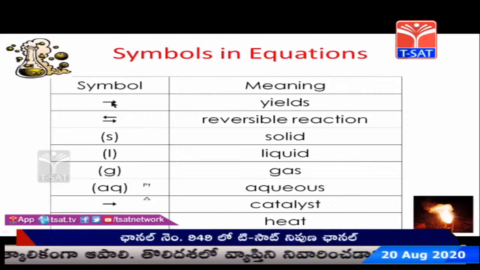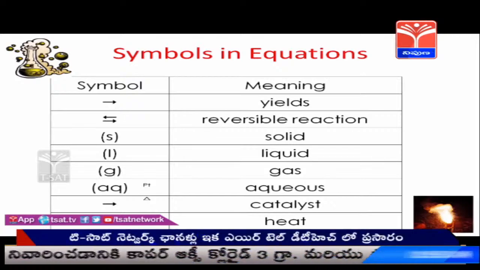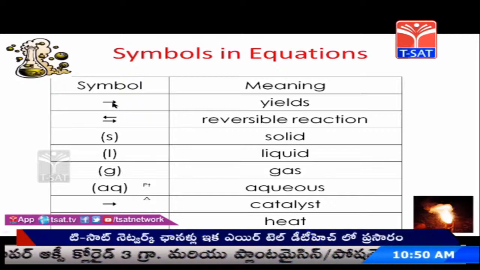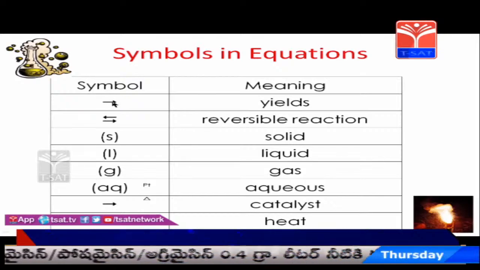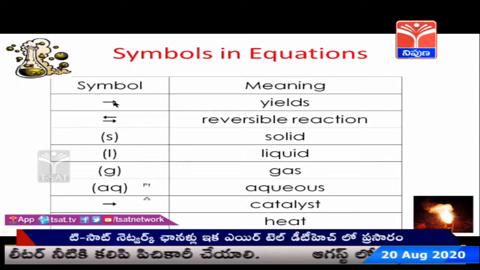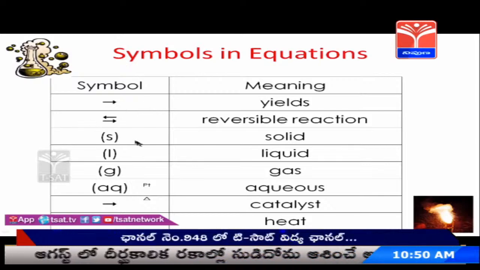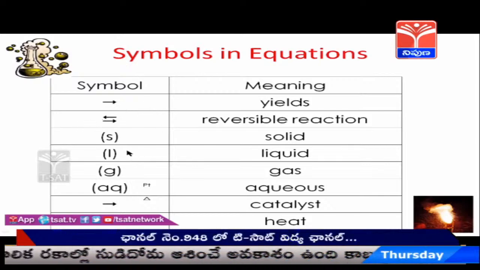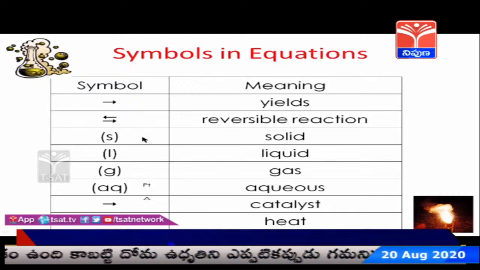If the reactants and products are separated with a single arrow like this, it is only a forward reaction. We will get yields, that means products. So, based on these symbols, one question may be asked in competitive exams.